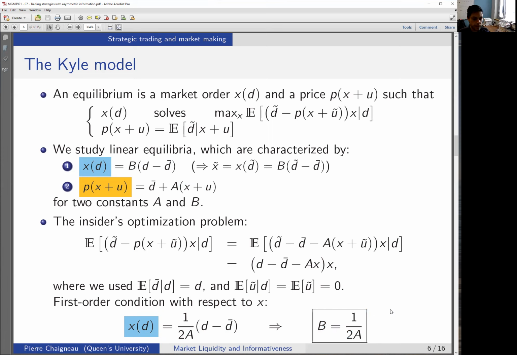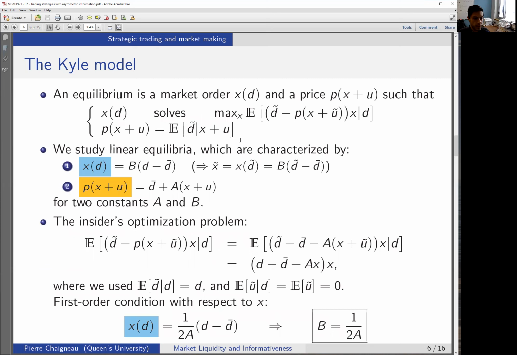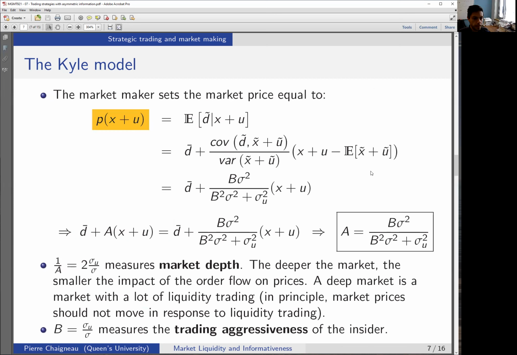Okay, so now we're going to get another equation that relates B and A using this second equilibrium condition. Again, here I just rewrote the equilibrium condition.